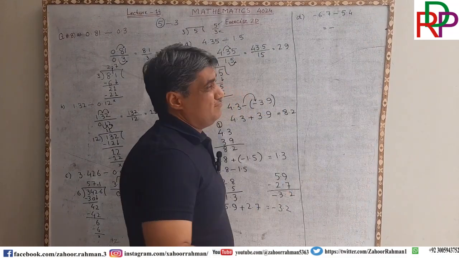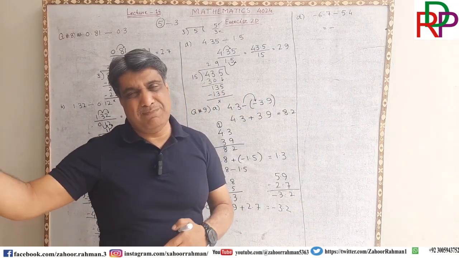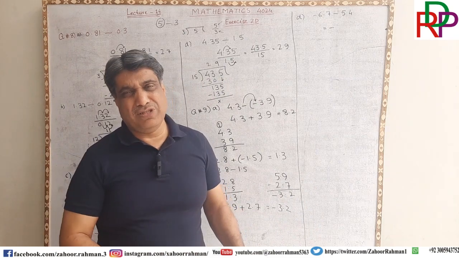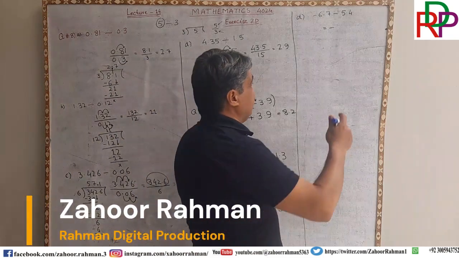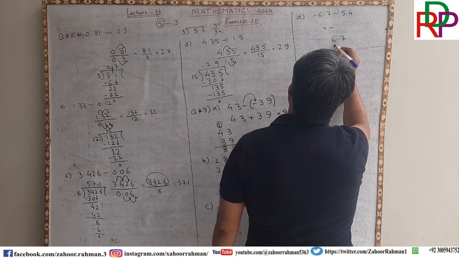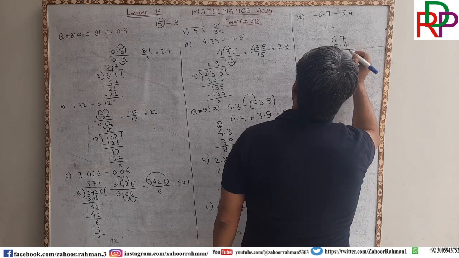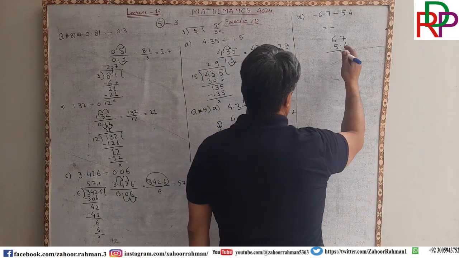This is the first rule. You understand that from the previous lecture: if both are positive, then positive sign, and when both are negative, then the negative sign. And then you have to add those two numbers, 5.2, 5.4 and 6.7.